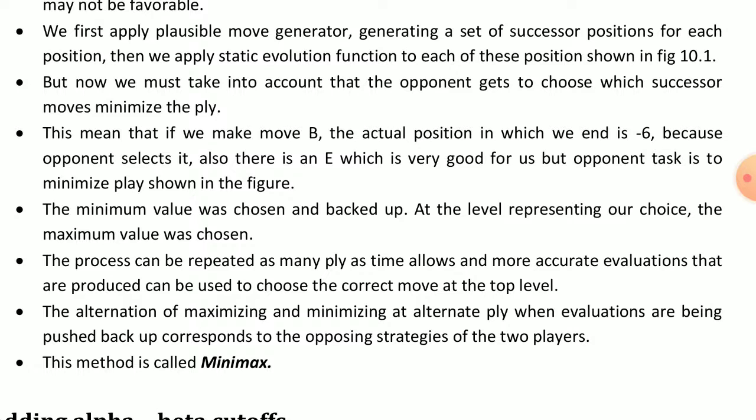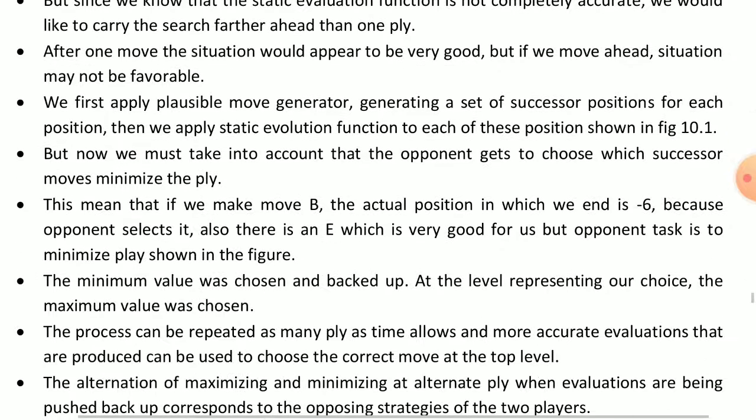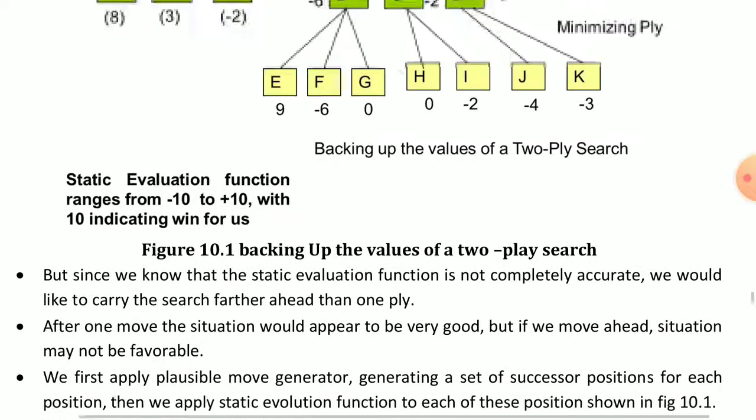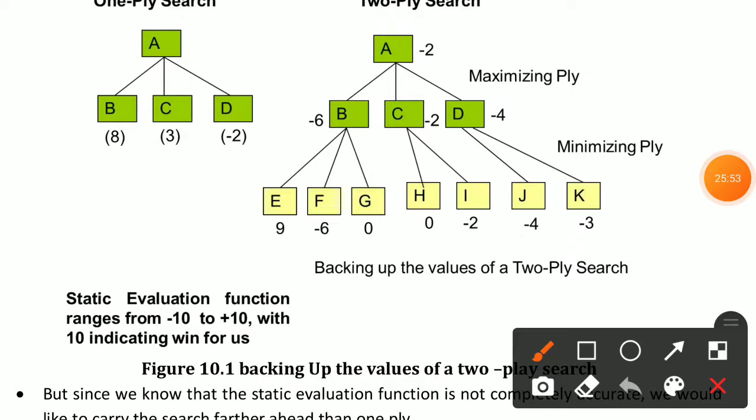Shown in the figure 10.1, we can show that the move B, and the actual position at the end is with -6 value. We can consider this example.